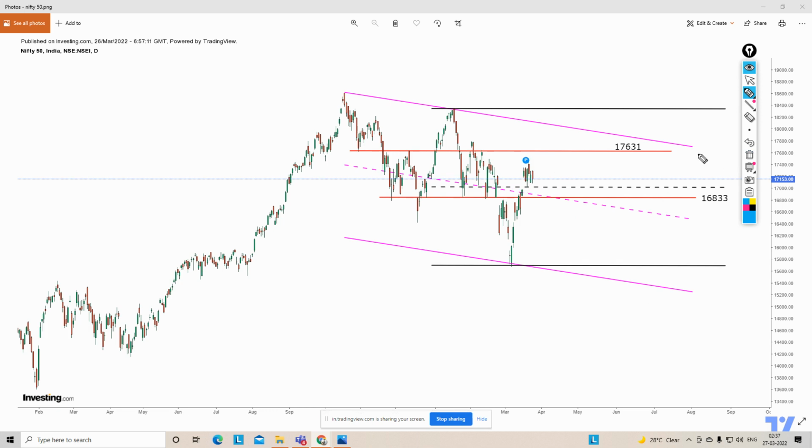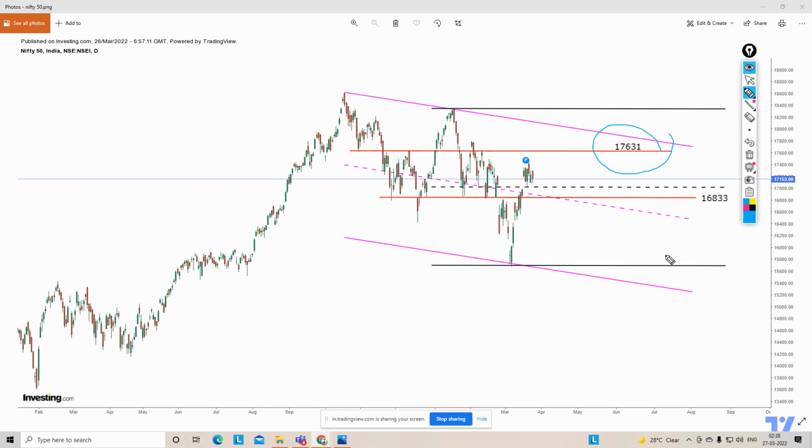So if Nifty goes somewhere close to 17,631, we will have to see whether the market is overbought or not, whether the PCR, the put call ratio, is above 1.5 or 1.4 or not, whether the implied volatility is increasing, and the highest IV is 29.